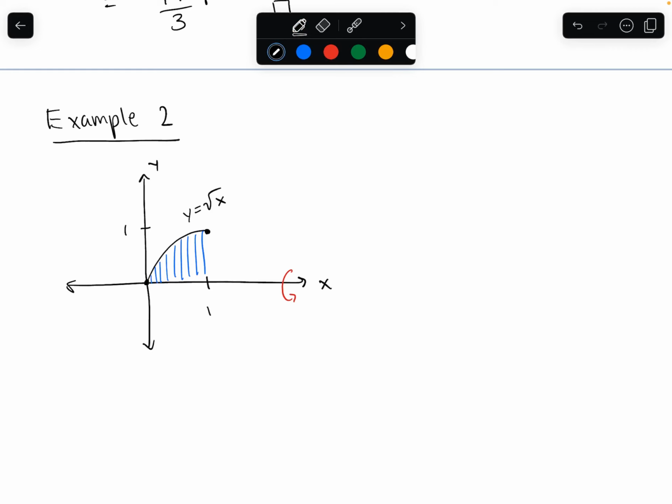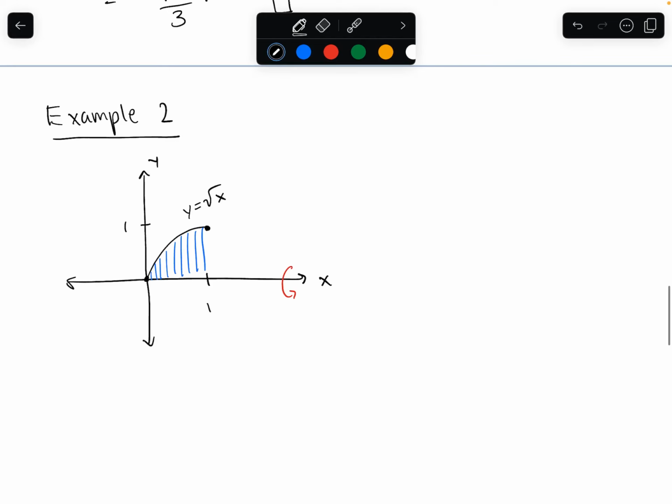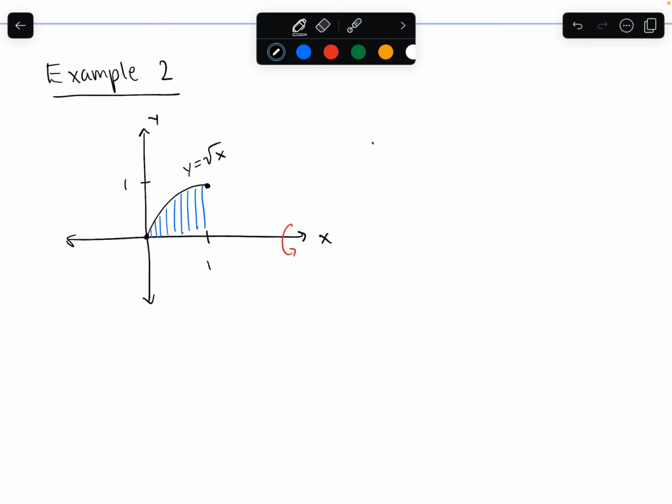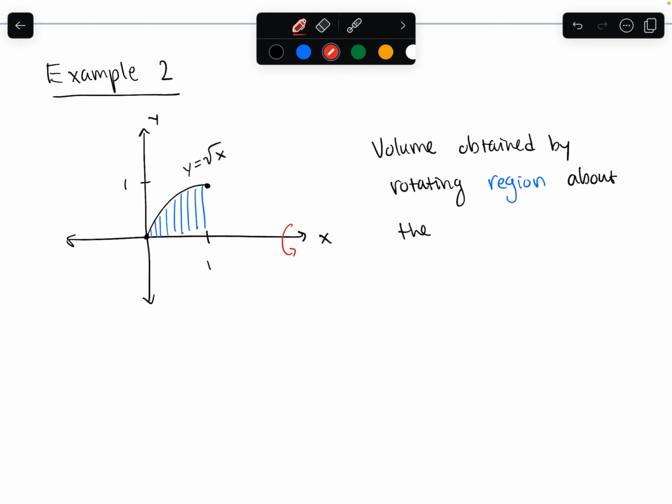When you do that, that creates a certain volume looking shape. I'm not going to try and draw it because I'm not very good at drawing. So the point is, you want to find the volume obtained by rotating the blue region about the x-axis.